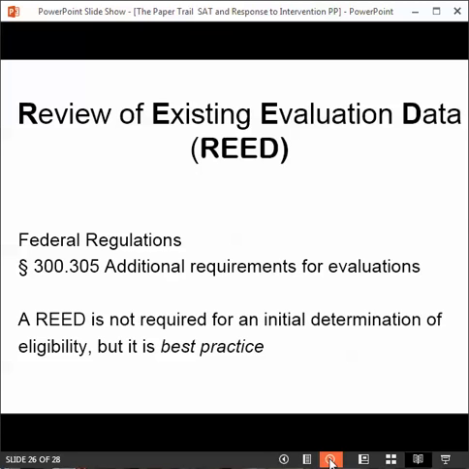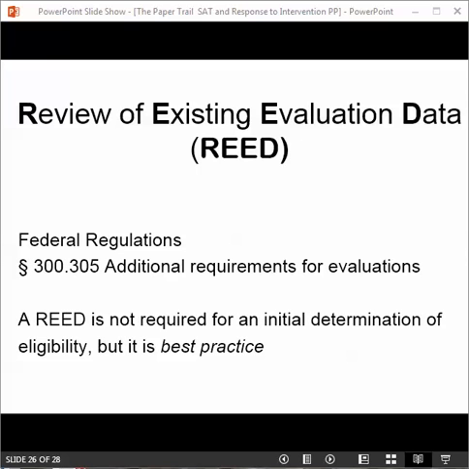And the regulation is 300-305, and it talks through additional requirements for evaluation. The read is the process that's used to look at the current information that is known about the student. Is there enough data to complete the multi-factored evaluation form and have evidence to support the eligibility criteria that the student must meet in order to be eligible?